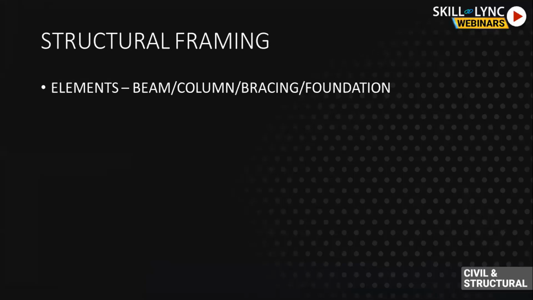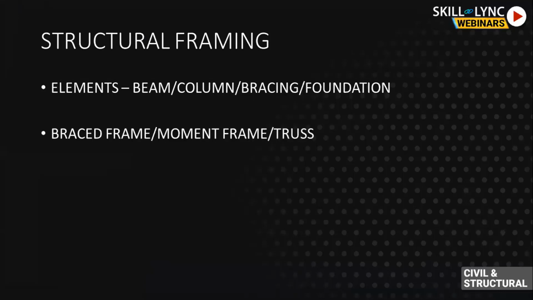Now, structural framing. As I've mentioned, what is a structure? It is a system. In a structural system, there are multiple frames. A structural system consists of many frames, and a structural frame consists of many structural elements such as beam, column, bracing, foundation, etc. What are the types of structural framing?